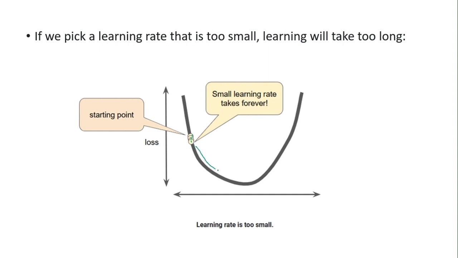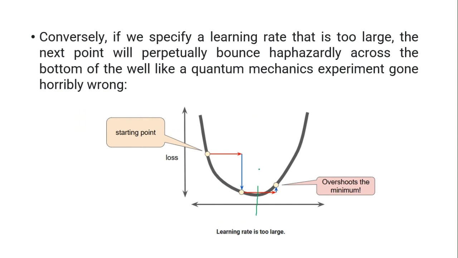Now, if the step size is small, only a small change is happening. Here you can go to the minimum value, but the problem is it will take too much time. Learning takes forever, so this is also not acceptable. Too small a learning rate is not acceptable, and too high a learning rate is not acceptable.